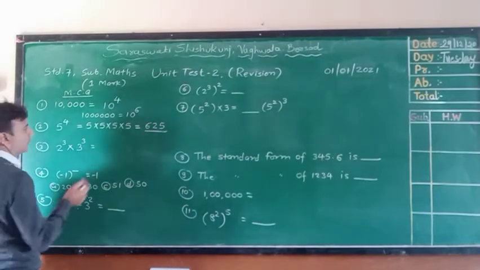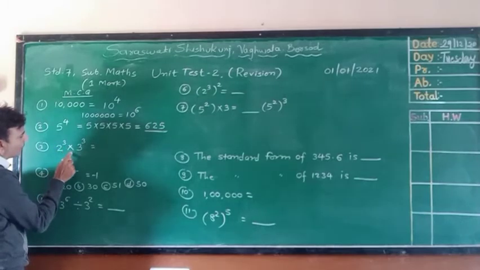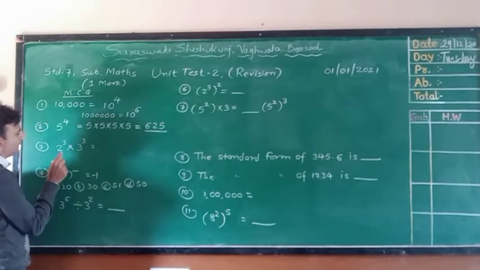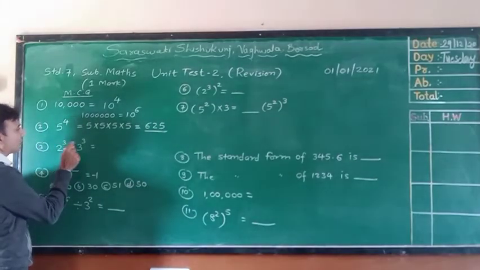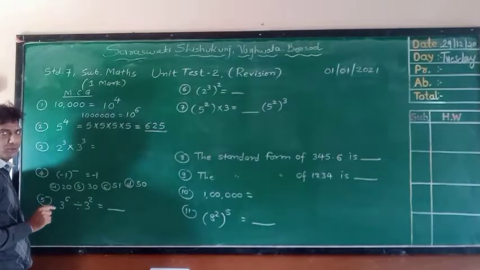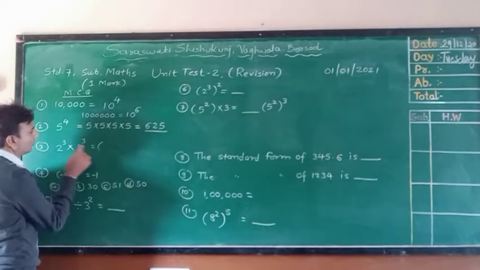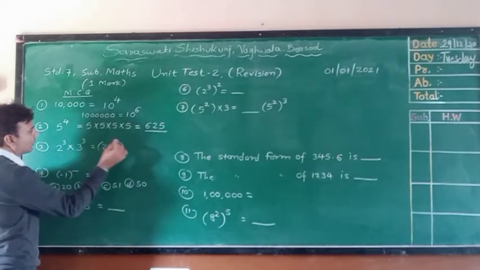This is the expanded form. Now see, 2 cube multiply 3 cube. In this question we can observe that both bases are different, but we have to observe that the powers are the same.